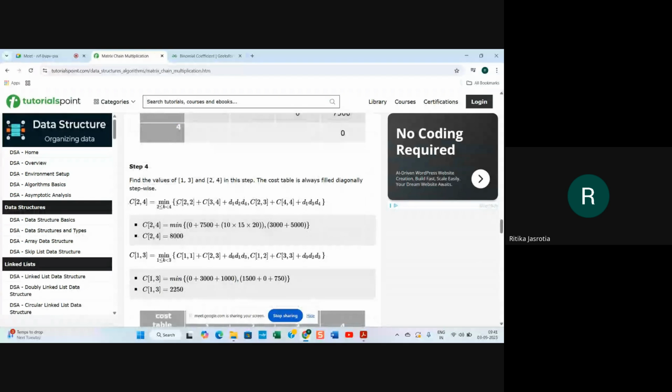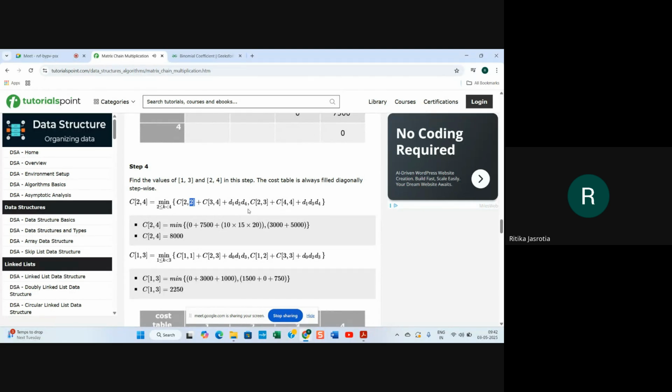So again, for 2 4, k is taken as 2, so it will be C22 plus C(k plus 1), 2 plus 1 is 3, 3 comma 4, plus d1, d2, d4.